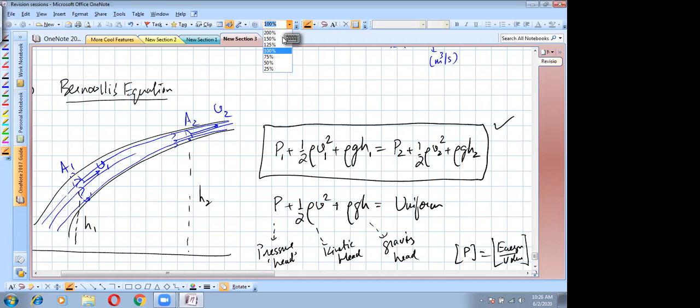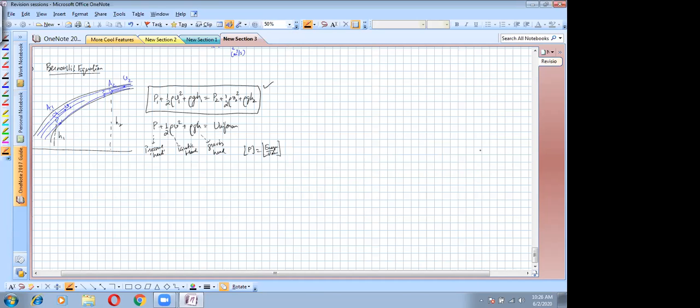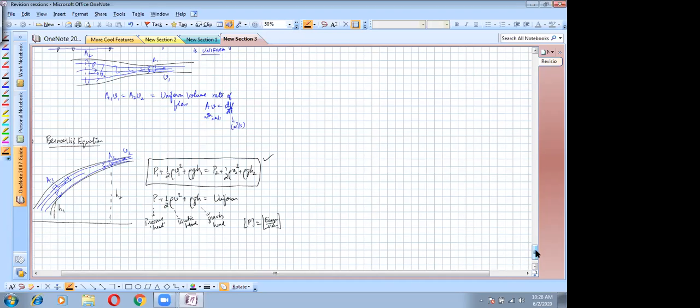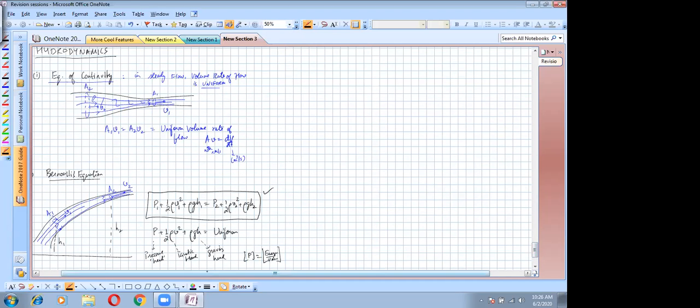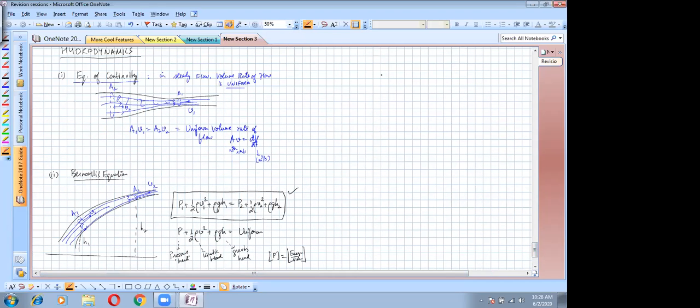So next lecture we are going to look at application questions based on this, including the standard applications like the venturimeter, which is used to measure volume rate of flow.